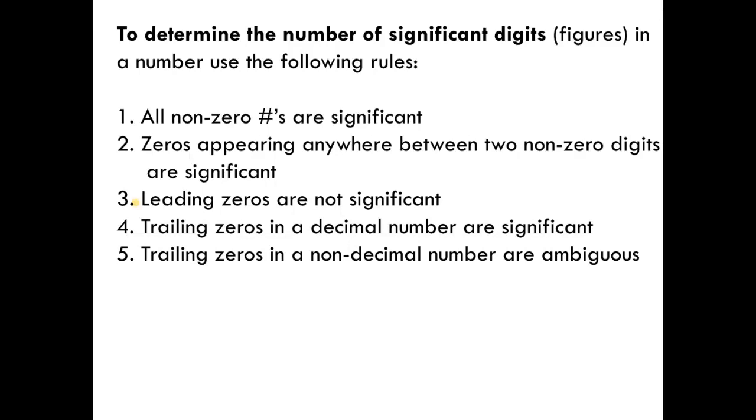Leading zeros, however, are not significant. That's real important. Trailing zeros at the end of the number in a decimal number are significant. And then the last little rule here is trailing zeros in a non-decimal number. Those are ambiguous.